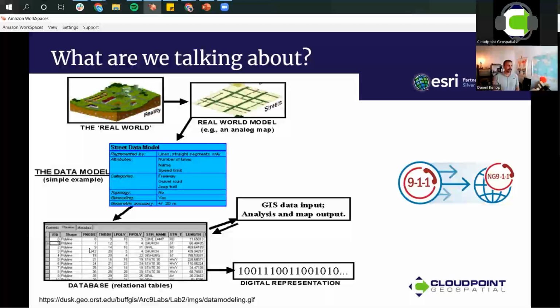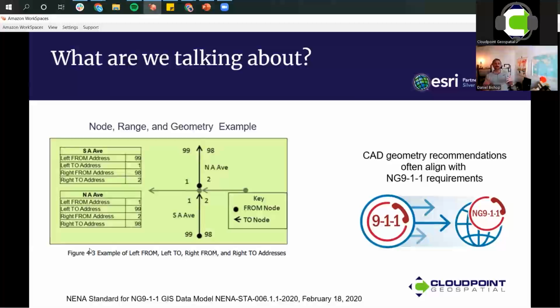So moving on, the CAD software and NG9-1-1 software, when we're looking at these two things, the geometry standards are pretty much aligned. The trick is it's the difference between recommendations and requirements. Often CAD geometry requirements or recommendations align with NG9-1-1 requirements.